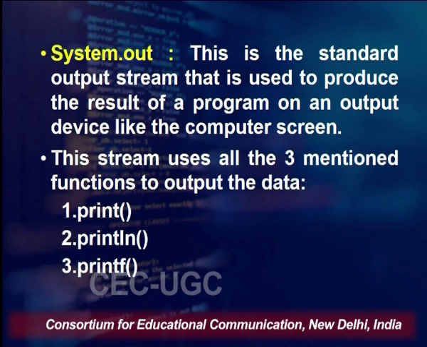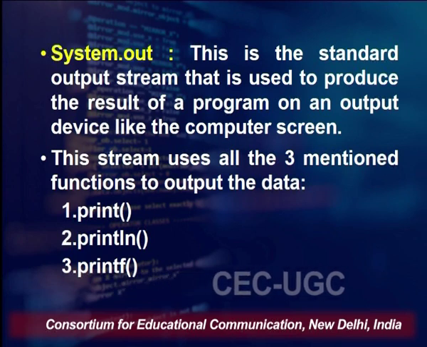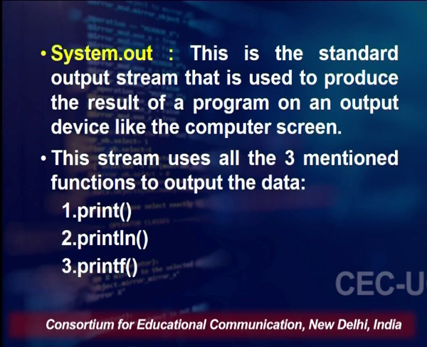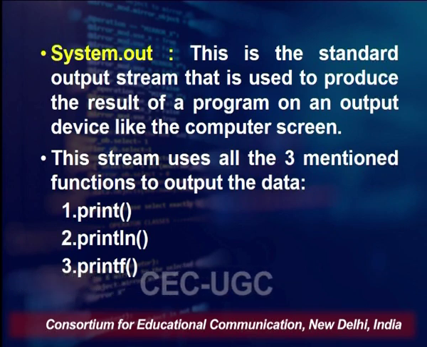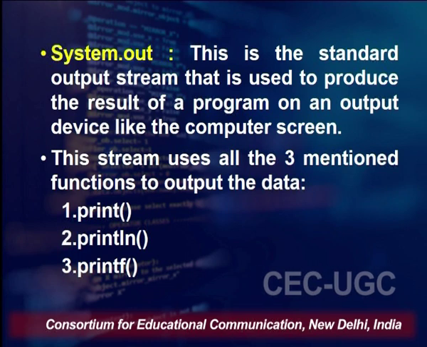So, basically I can state here that this stream uses three functions to output the data: print, println, and printf. Print is a normal, naive printing. Println is printing of the data followed by a new line character.